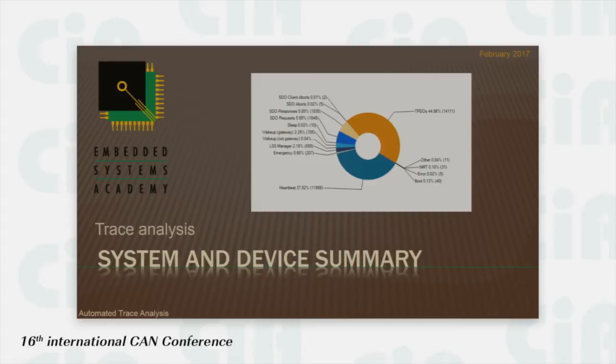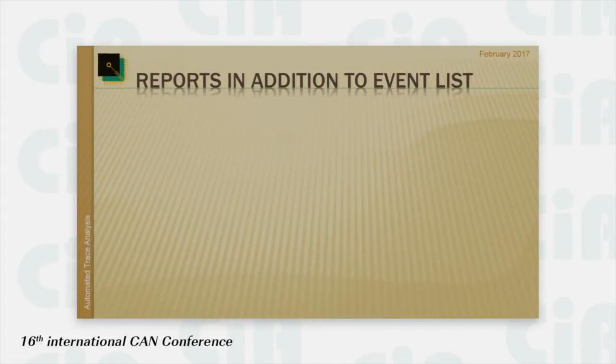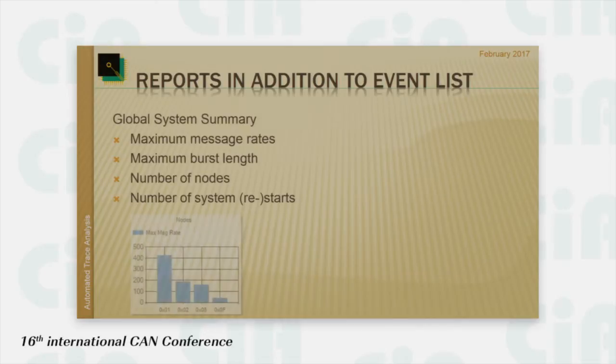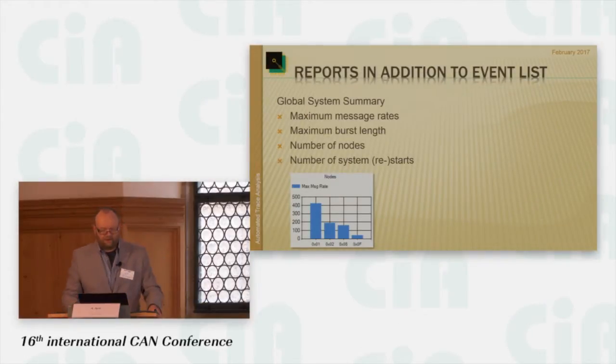But these numbers, of course, can vary a lot depending on the trace you are analyzing. Additional events we get is we can now collect global numbers and look at maximum message rate, maximum burst length. This is really a value that I like. Although the maximum burst length, I think we cannot do on every analysis, but what I define as maximum burst length is simply back-to-back CAN communication.